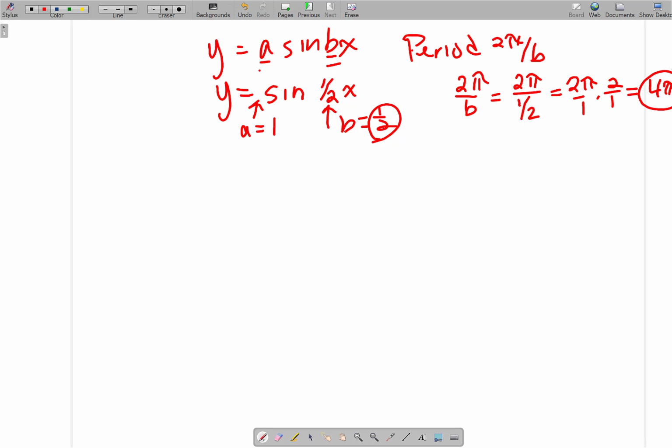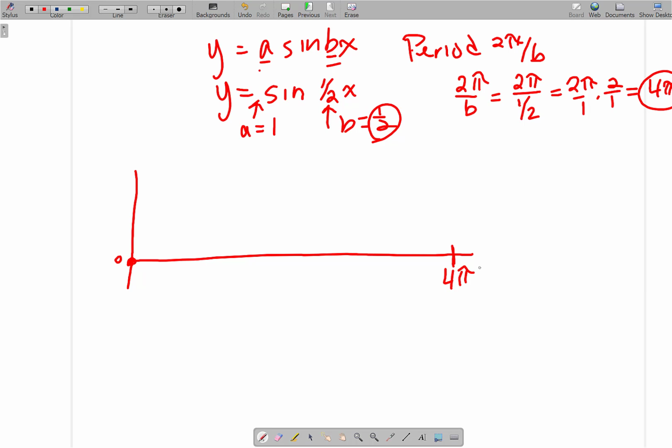This is our period. So the only change that we're going to see in this graph is that we're going to start at 0 as always, but we're going to go to 4 pi instead of 2 pi. Now, to figure out what lies in between, remember you have to break it into quarters.